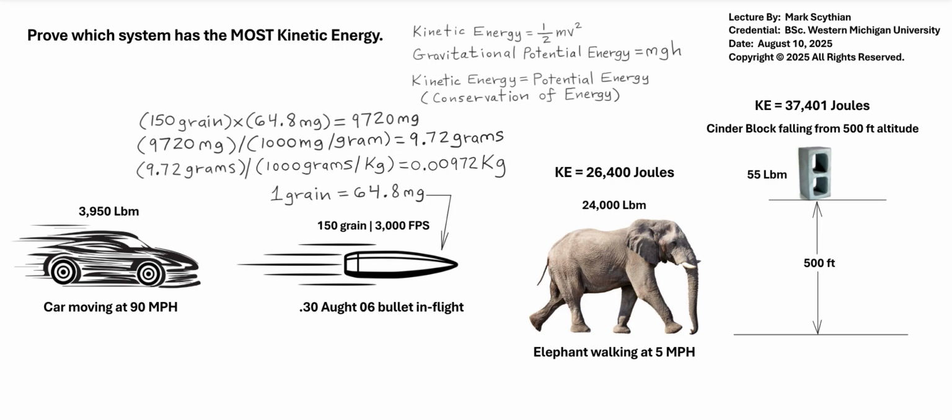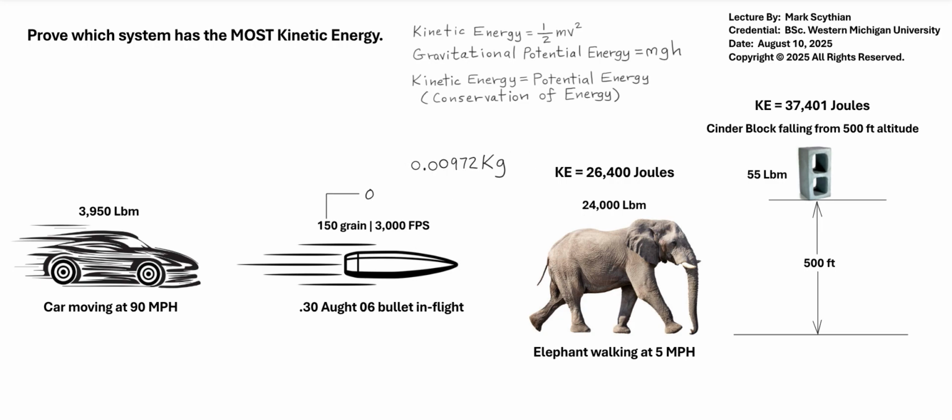So the 30-06 rifle bullet has a mass of 0.00972 kilograms. And then we convert the bullet velocity from feet per second to meters per second by dividing by 3.28. So we calculate 914.6 meters per second velocity.